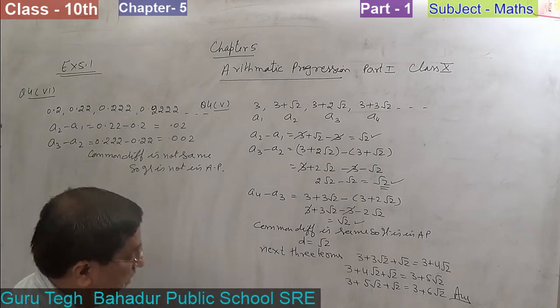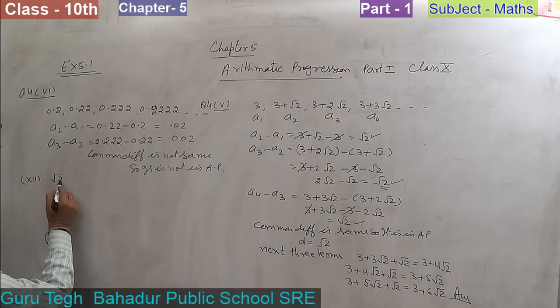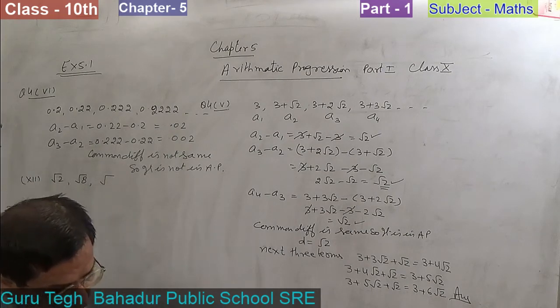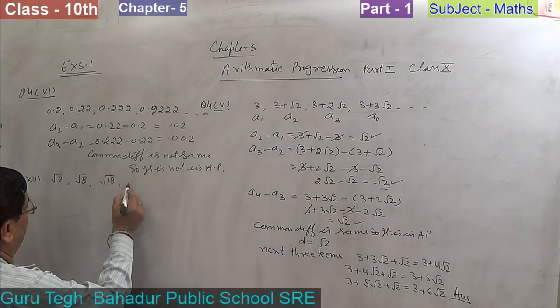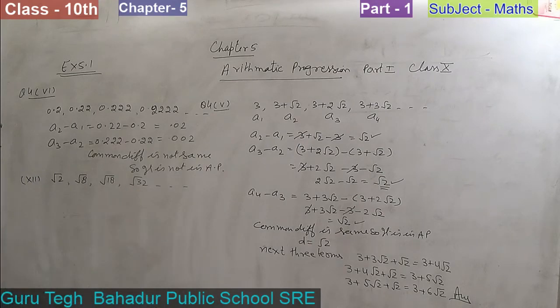Twelfth part, you see it. Root 2, root 8, root 18 and root 32. First we will convert into mixed roots.